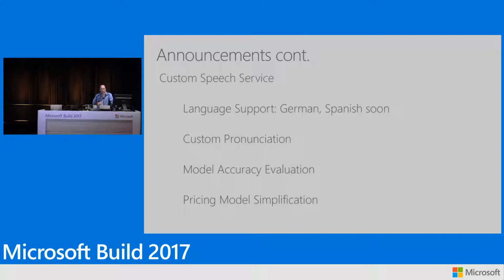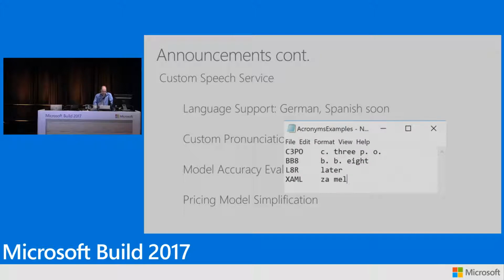We have a new feature, actually very important, called custom pronunciation. This is something that we heard from you a number of times. Many people said that they wanted to customize how particular terms and new vocabulary are pronounced, such as acronyms. So it's very easy to define.